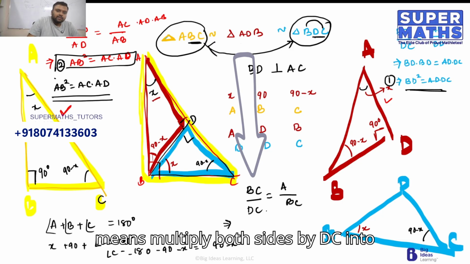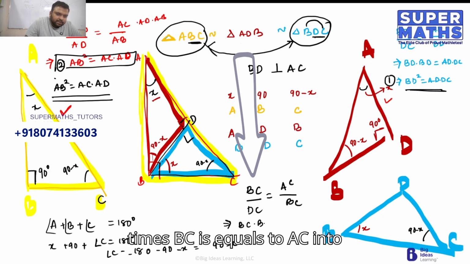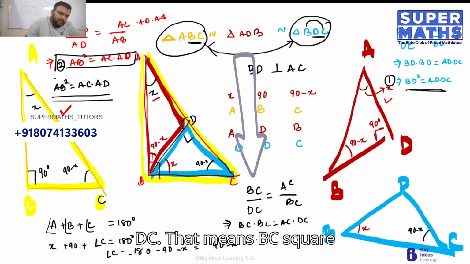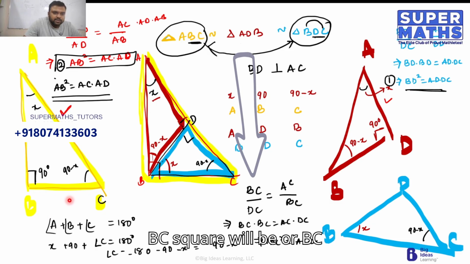That means multiply both sides by DC into BC, you get BC times BC is equal to AC into DC. That means BC square is equal to AC times DC. So BC square will be AC multiplied by DC. Okay, so this is the third thing which you need to remember.